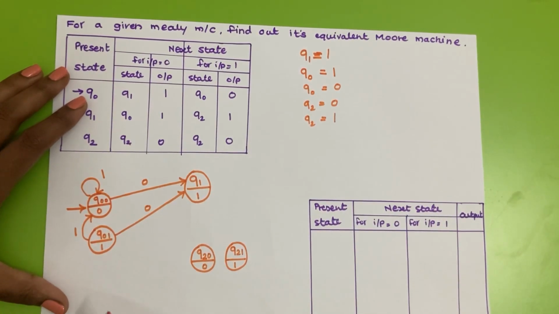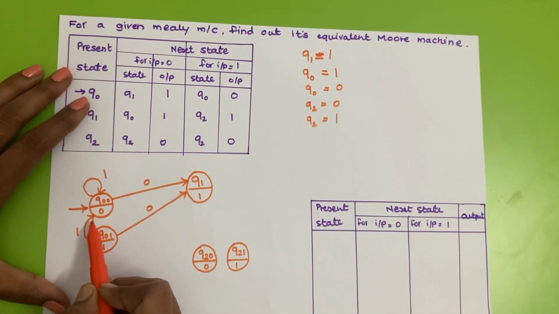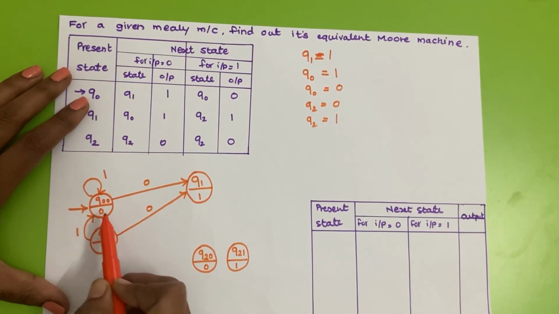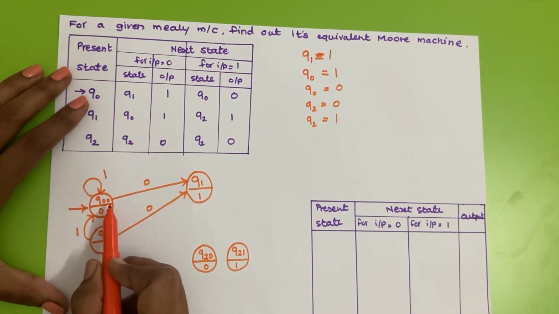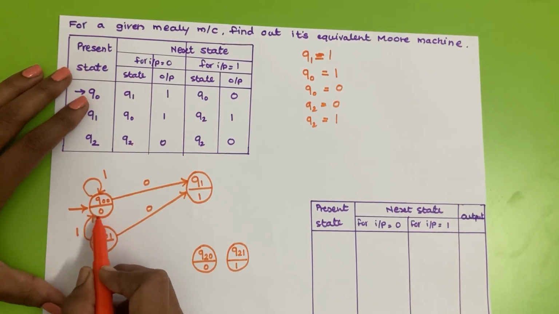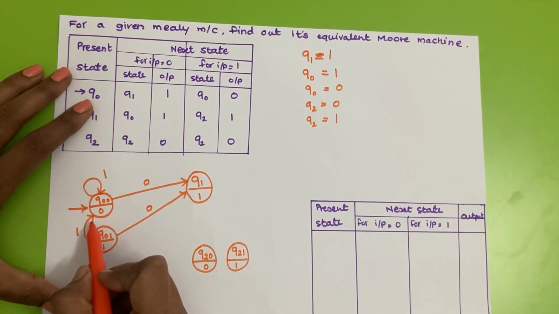Got it? So here the transition will go from both the states, that is from Q0 0 to Q0 0 and Q0 1 to Q0 0, because we want output symbol 0, so there will be two transitions.